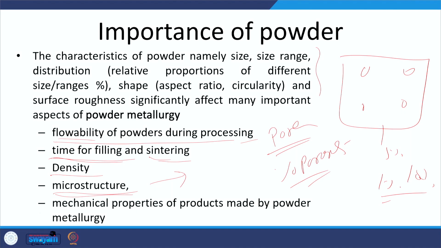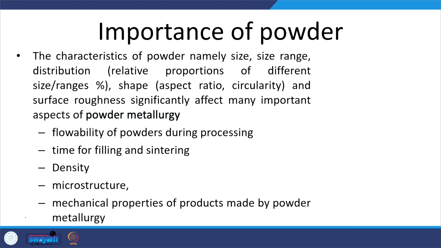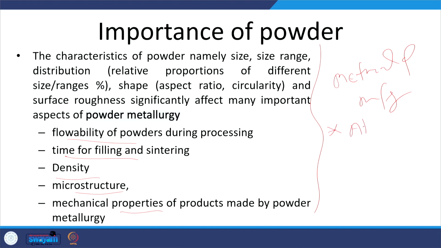If the porosity is more, then the mechanical properties will be compromised very badly. So, the powder particle characteristics affect the flowability, time to fill, density, microstructure, and so the mechanical properties. And these characteristics to a great extent depend on the method of manufacturing of the powder particles. Okay. So, there are three methods of making the powders.